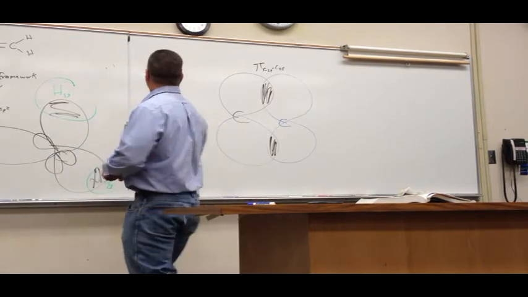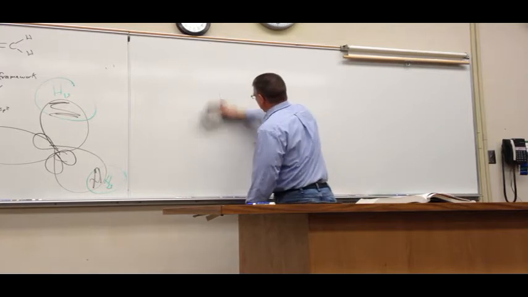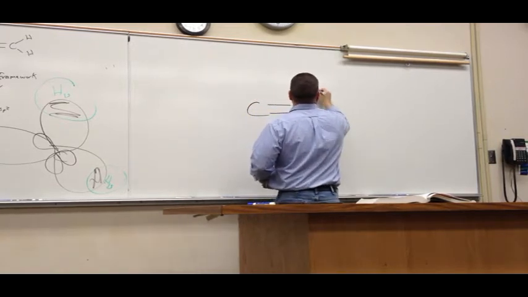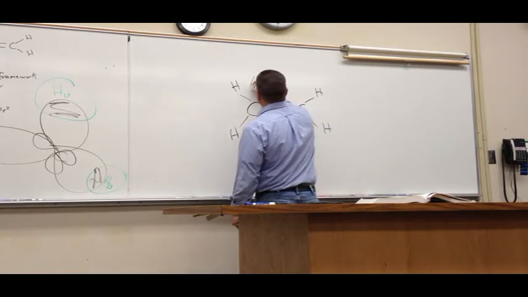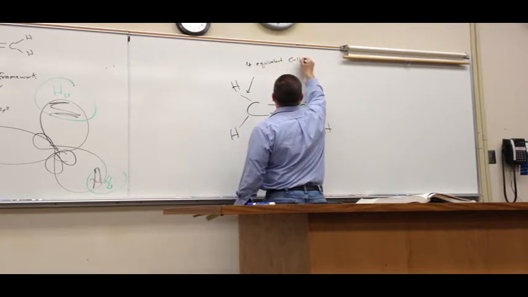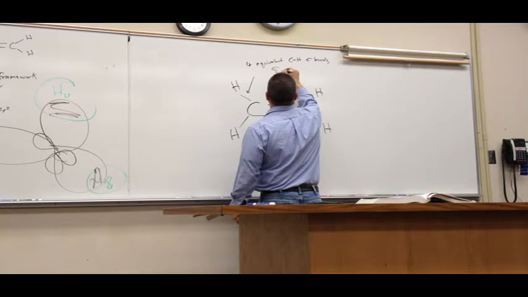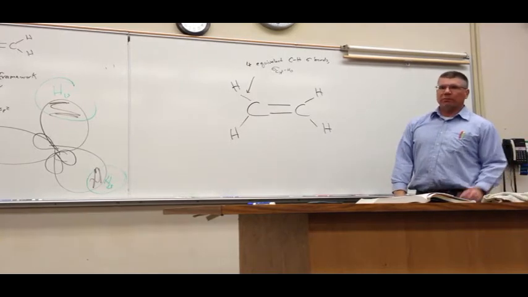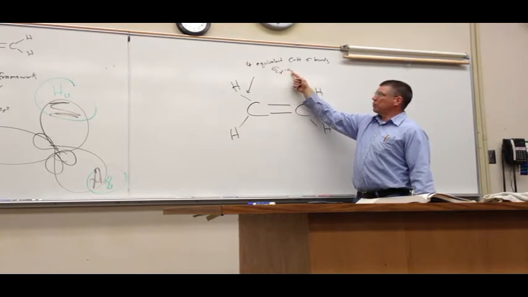So now that you guys have that picture, there are 4 equivalent carbon-hydrogen sigma bonds that are formed by the head-on overlap of a carbon sp2 with a hydrogen 1s.